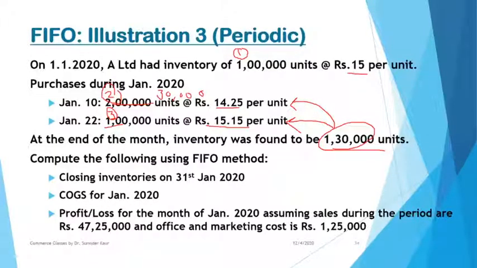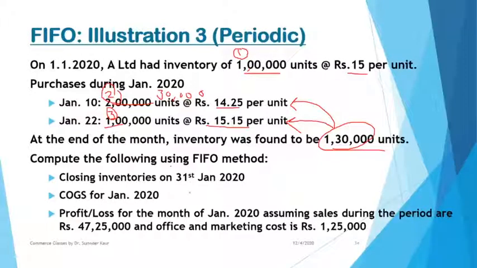And if we want to find out the cost of goods sold, then again logically we know that only these lots are left. 1 lakh from the third lot and 30,000 units from the second lot, which means your first lot is fully utilized, it is fully sold, and from the second lot 1,70,000 units must have been sold. This is the basic assumption of the periodic system. If something is not available in the stores, it must have been sold.